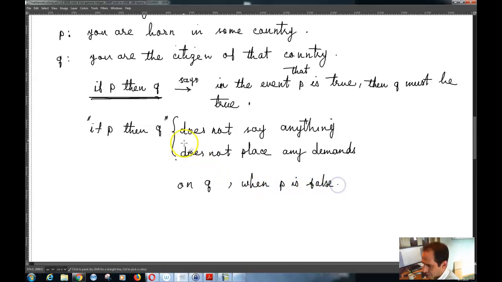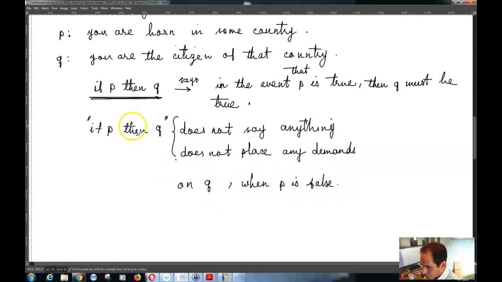So what that means is that if P then Q says that in the event that P is true, then Q must be true. Meaning that in the event that P is true, you can definitely say that Q is true. But if P then Q does not place any demand on Q when P is false.